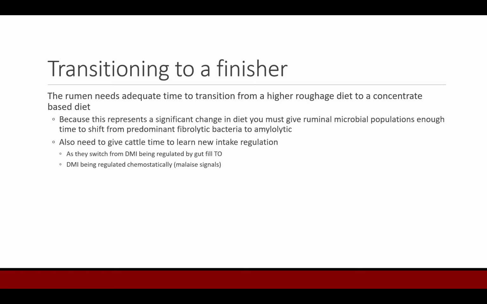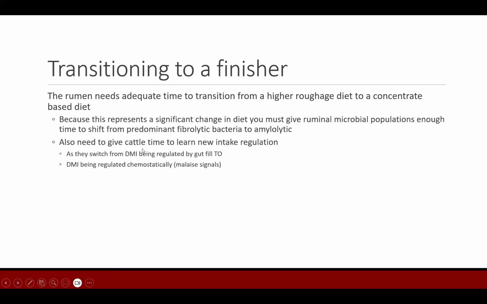Okay. All right. You have to give the ruminal microbial population time to transition from predominantly fibrolytic bacteria to amylolytic bacteria, those that do well at lower ruminal pHs and consuming starch, right? So we need to give the microbiome time to switch.